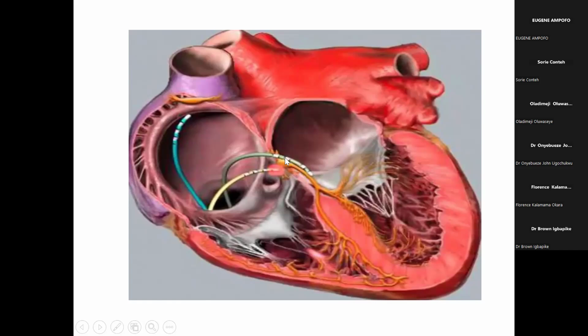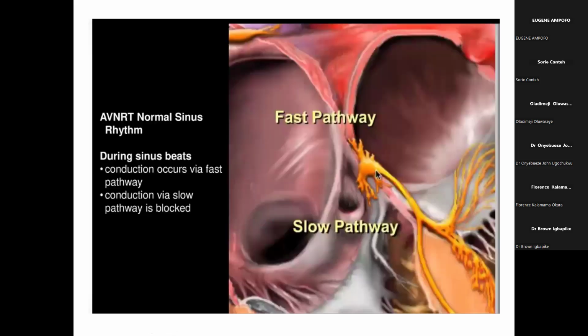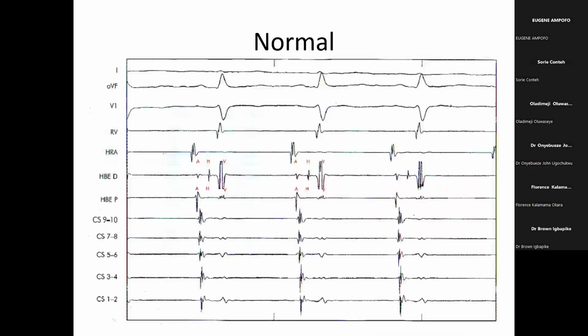If there are no numbers, they are just bipolar catheters. If you see CS1, CS2, 4, CS7, 8, 9, 10, it tells you the number of poles, the number of electrodes on the catheter that can sense electrical activity. Just remember that the catheter has a distal segment and a proximal segment. Why did we bring that up? So that when you see annotations like this, you'll be able to decipher what they actually mean.